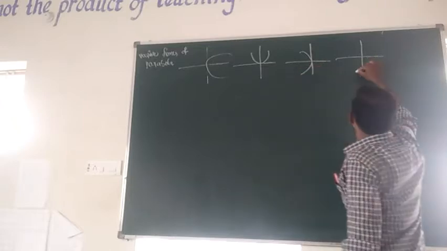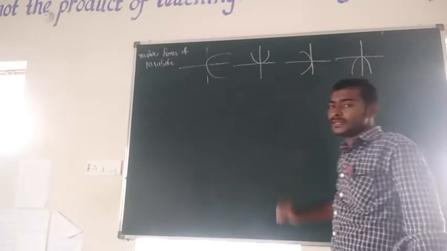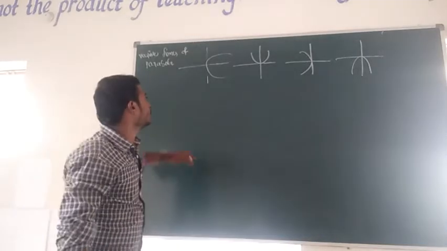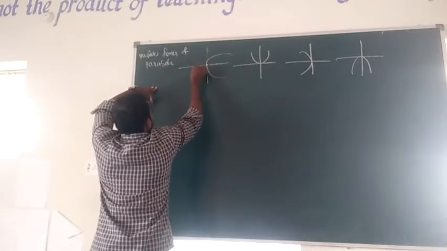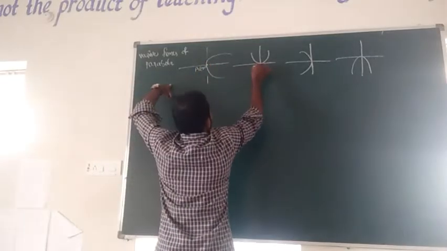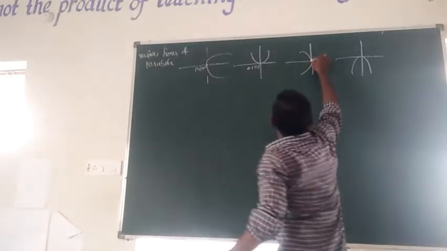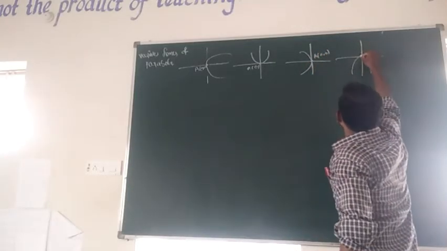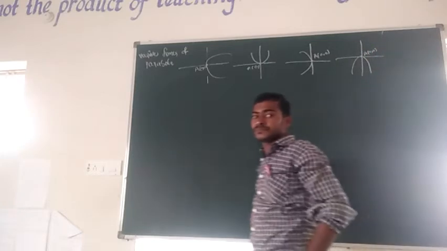Now here every point is A, that is, A of 0 comma 0 in each of the four forms.